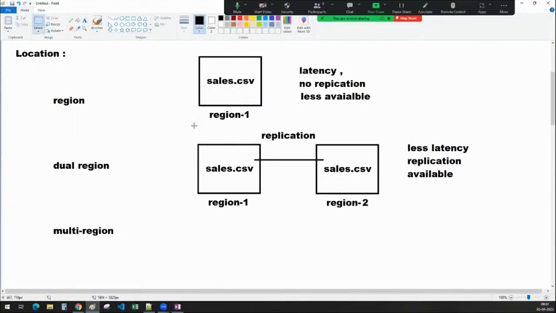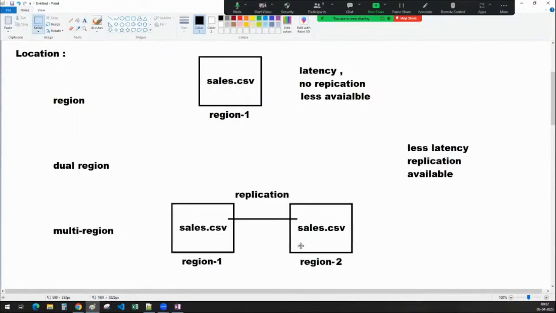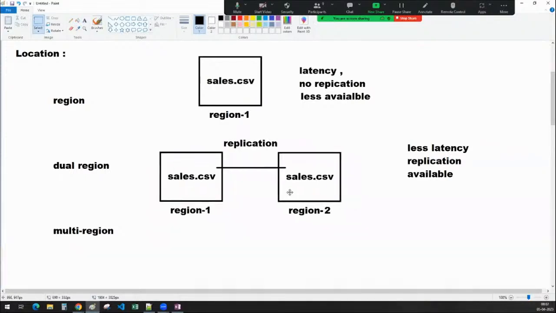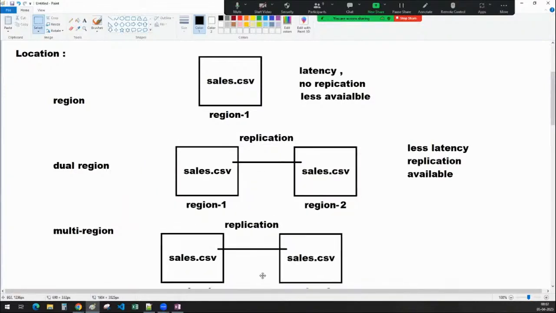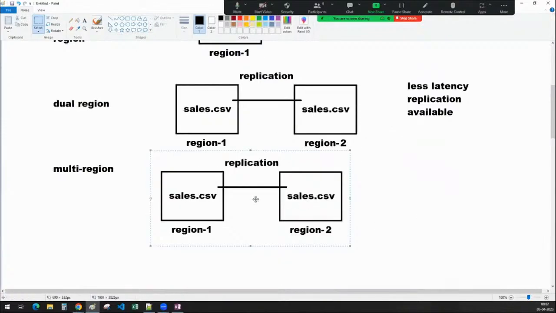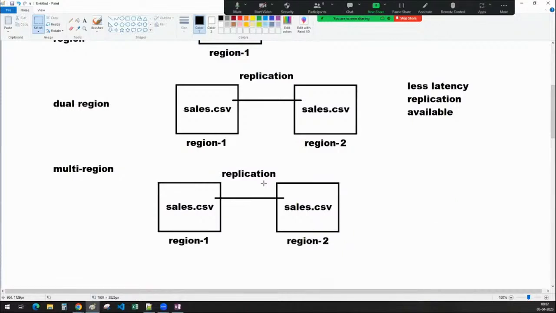In a multi-region, the data will be replicated between 2 or 3 regions. So this is region 3, more than 2 regions.